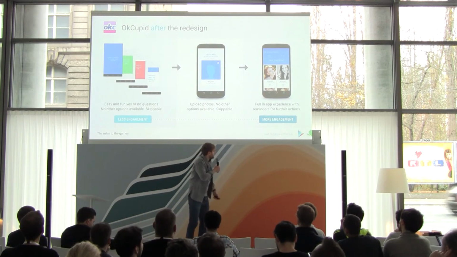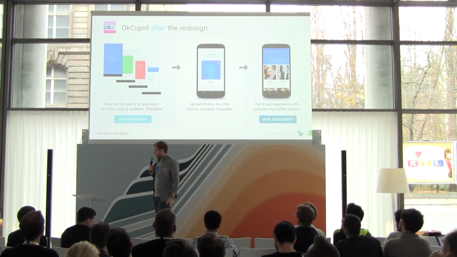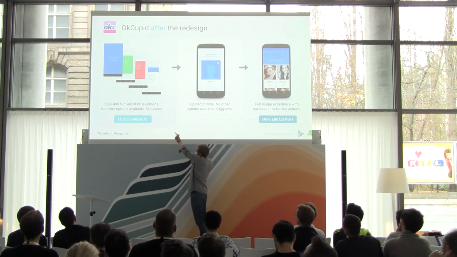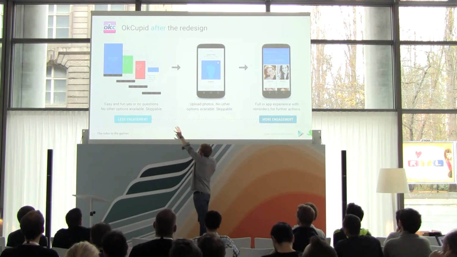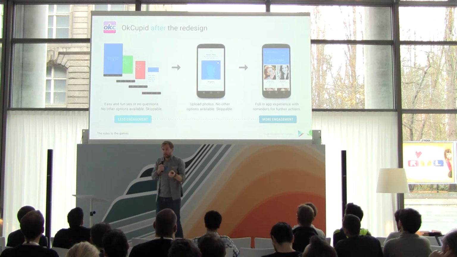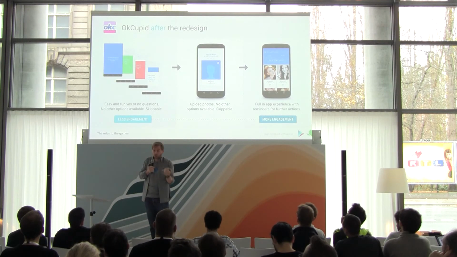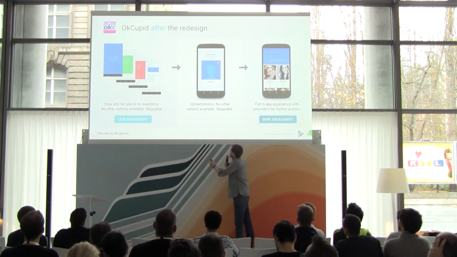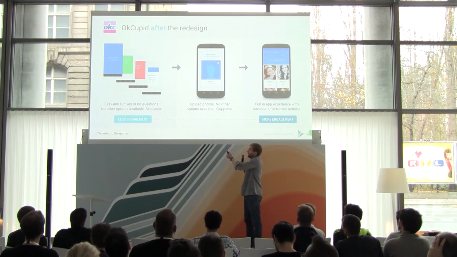So they went and optimized it, and basically revamped the whole flow. They started with 5 easy questions. You can already see by the visual layout that it's very easy to go through and answer yes and no, so they take the heavy lifting of talking about yourself away from you. That's one. Then in the second step, they ask you, do you want to upload a picture? If you didn't want to upload, you could skip it, which is a major difference.